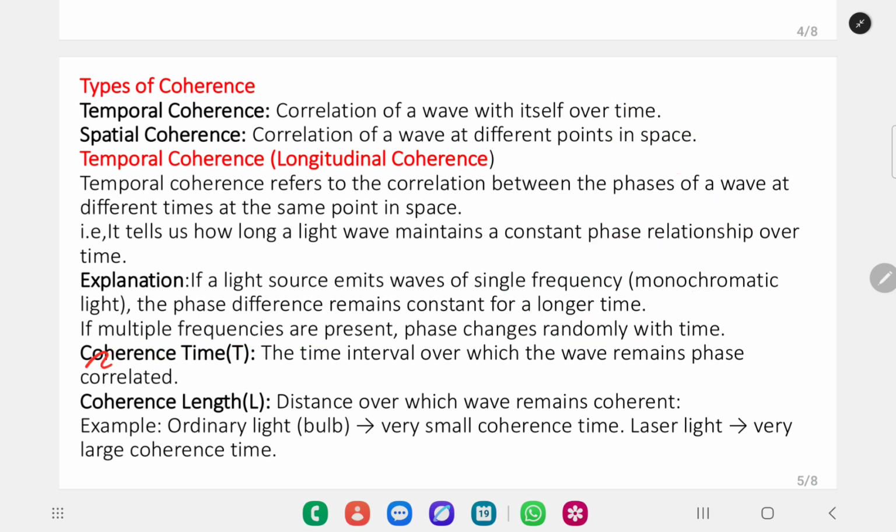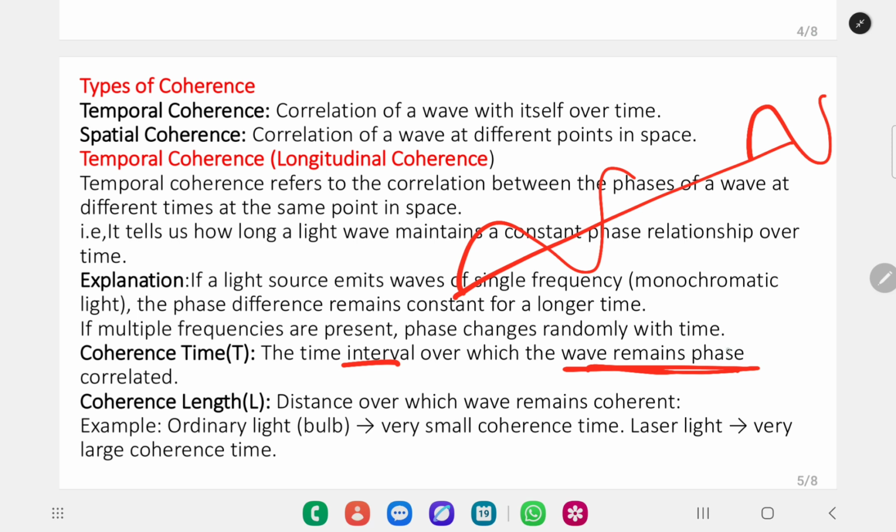Now we can also see some terms here: coherence time and coherence length. Coherence time is the time interval over which the wave remains phase correlated. If two waves have the same phase difference for a particular time interval, that time interval is known as coherence time.